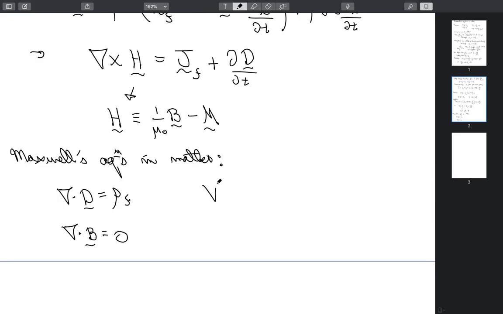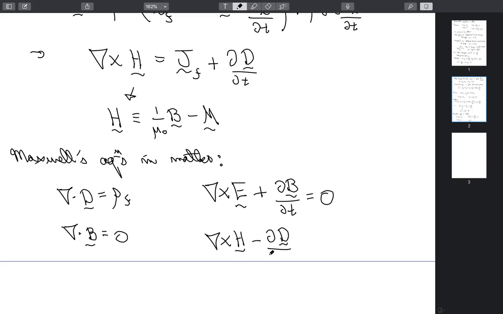We have that the curl of E, and again, if I just rewrite them with all derivatives on the left-hand side, plus dB/dt is equal to 0. And now the curl of H minus the time derivative of D is now equal to the density of free currents.